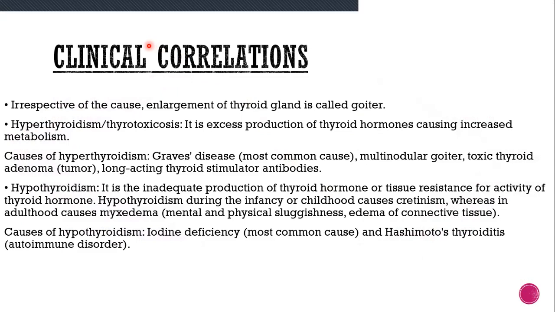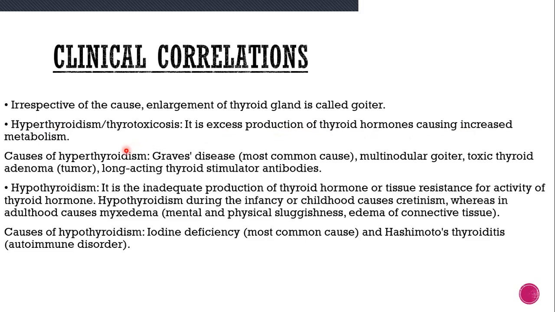So, clinical correlations now. Irrespective of the cause, enlargement of the thyroid gland is called goiter. If the patient has an enlarged thyroid gland, that is goiter. Then we have hyperthyroidism, or thyrotoxicosis, which is the excessive production of thyroid hormones causing increased metabolism.